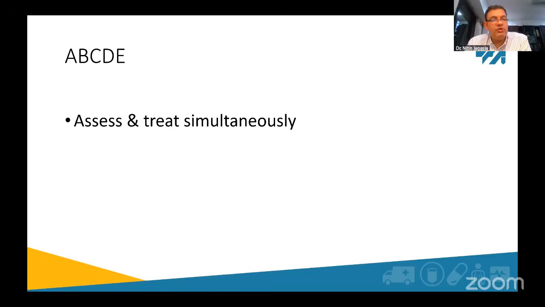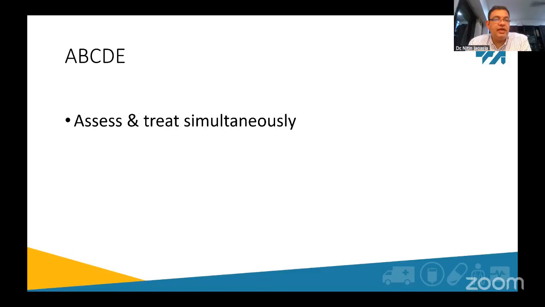If you remember my first slide, when I asked whether we need to know the specific injuries, the answer was no, because you need to identify and treat the life-threatening conditions in the primary survey, starting from airway to breathing, to circulation, to disability, and then to exposure. The recent change with ATLS is X. There's an X before the ABCDE. The X stands for exsanguinating hemorrhage. So with trauma, by design, you would expect that there is blood loss.